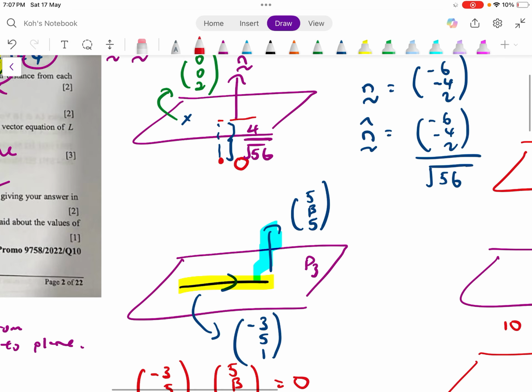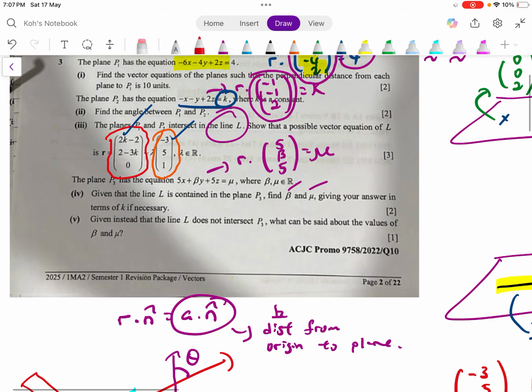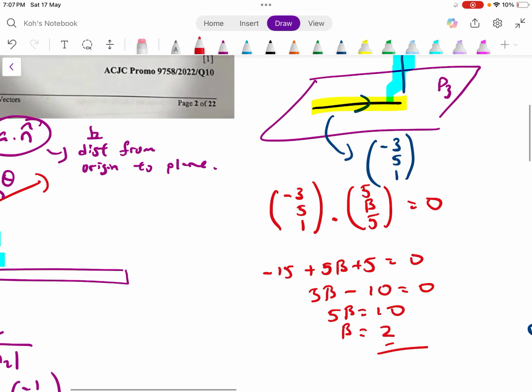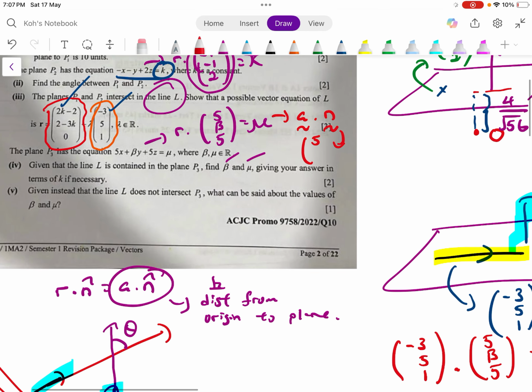What about your value of mu? You can use your position vector to help you find it. Because we know that mu is A dot N. I already know my N, which is 5 beta, and beta is positive 2, so N is 5, 2, 5.